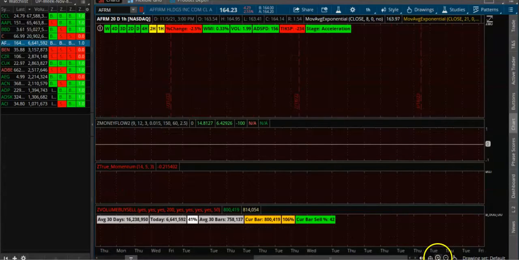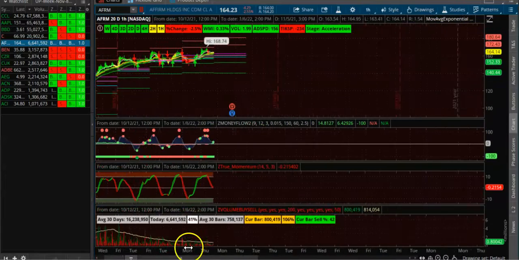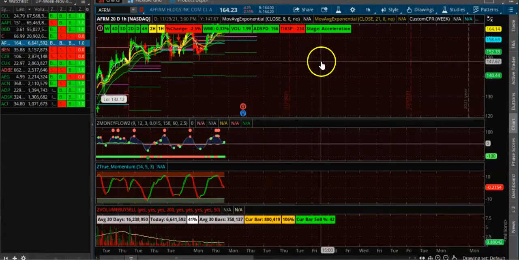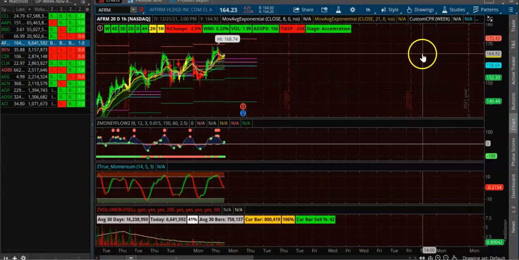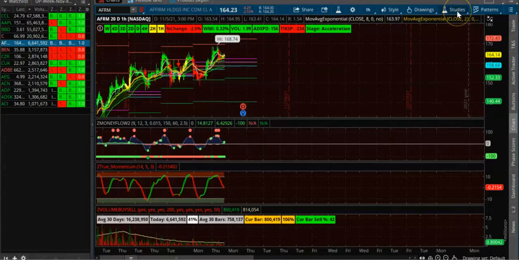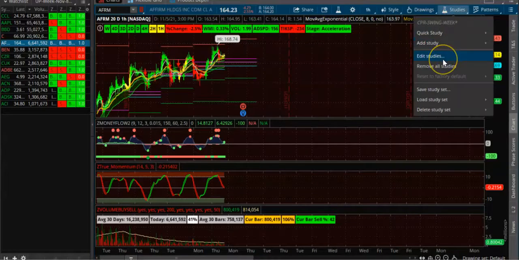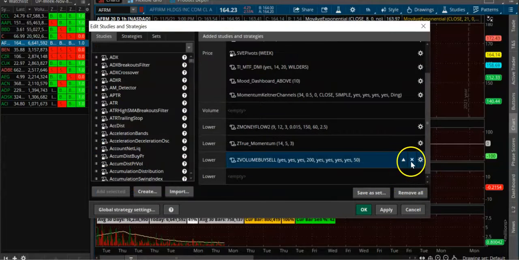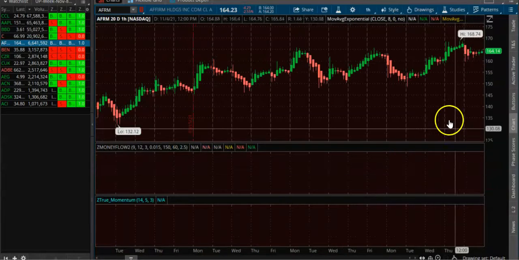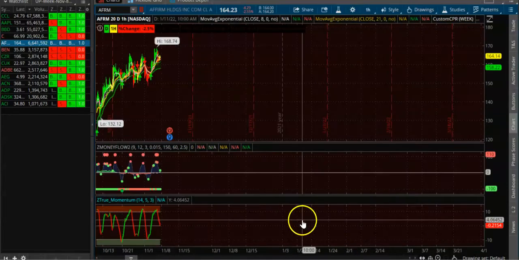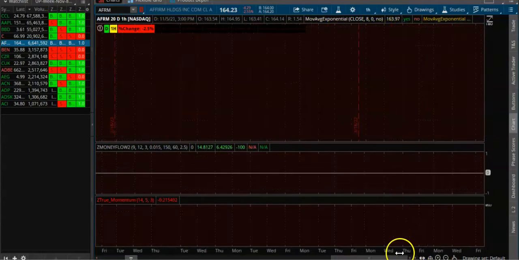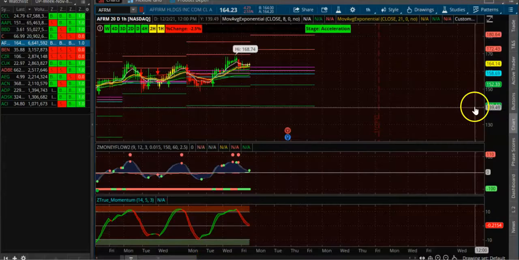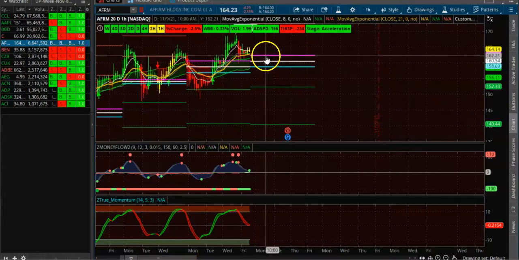Next one is Afrm. So this also has 3 uptrending consecutive. Okay, it has slightly uptrending, so this one is above this.